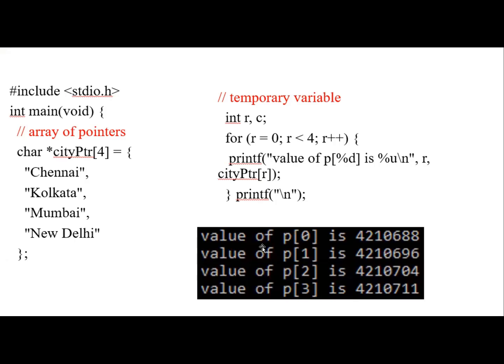The value of p of 0 is the memory address. So %u shows the memory address, which is ctptr of r. This one shows the first memory address of the first element, that is row 0, column 0.